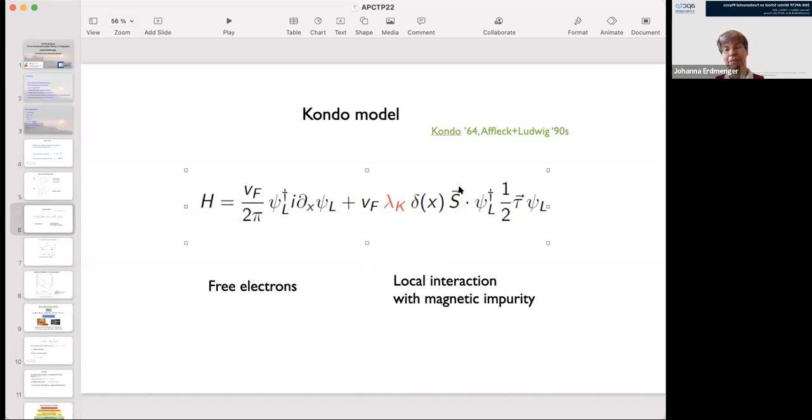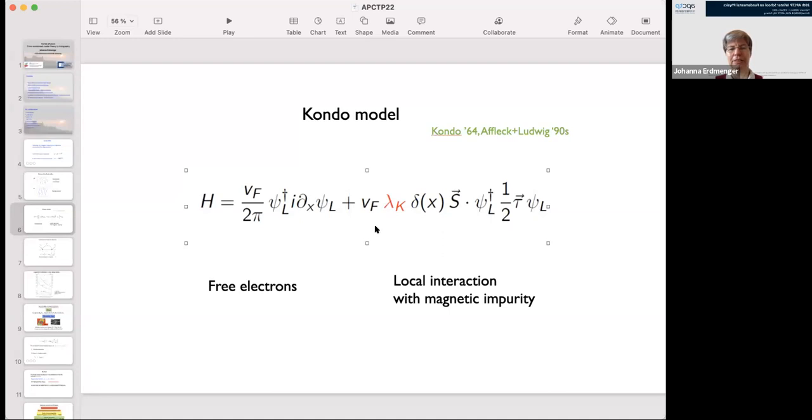That's the spin of this impurity, and this is the current of the electrons with some representation matrix here, which, in the simplest case where this is an SU(2) spin, will be just the Pauli matrices. Here again, these are the electron fields that enter this current, with a Pauli matrix here, and then there's this coupling to the magnetic impurity that sits at x equal to 0. There's a coupling constant here, which is the Kondo coupling, referred to as lambda_K. So this is the model proposed by Kondo.